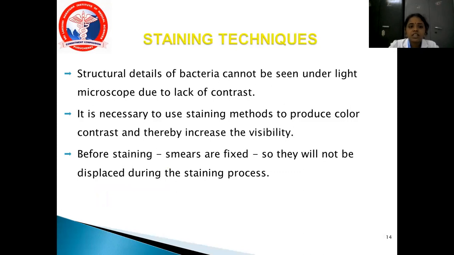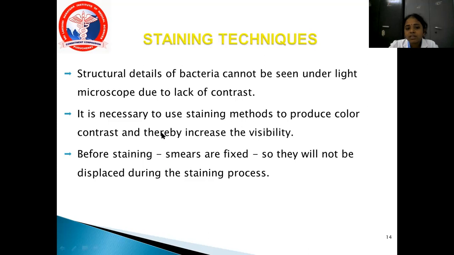The structural details of bacteria cannot be seen under a light microscope due to the lack of contrast. It is necessary to use staining methods to produce color contrast and thereby increase visibility.